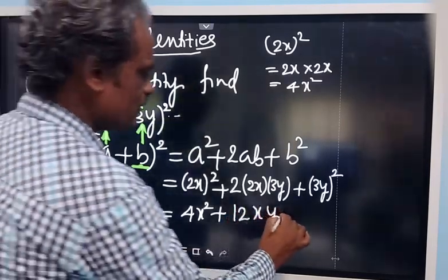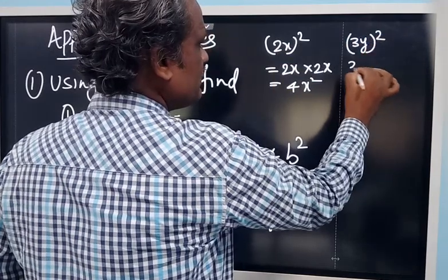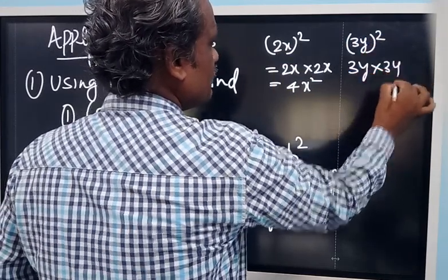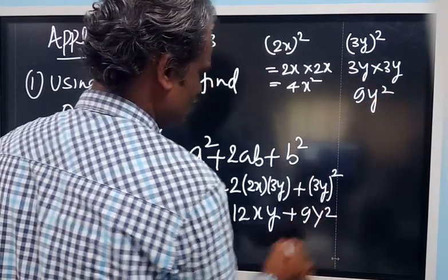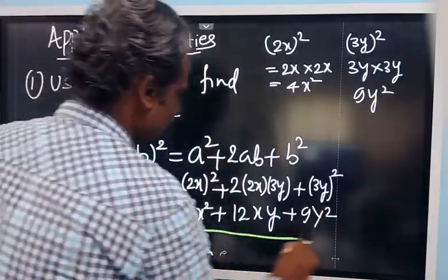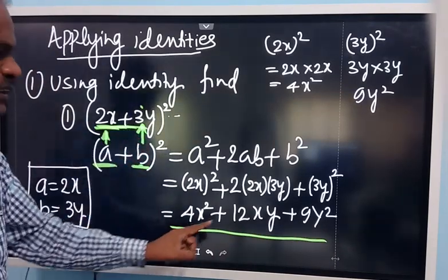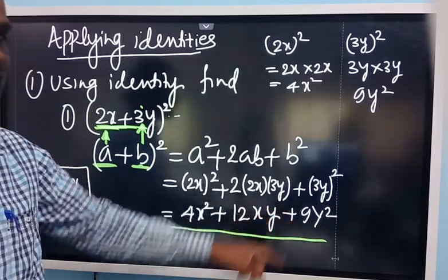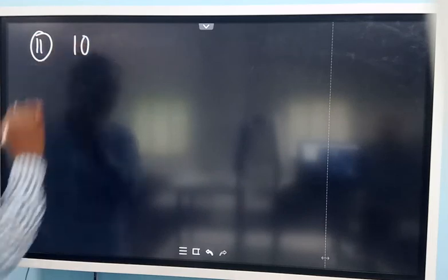Then third one, similar to this, (3y) whole squared. (3y) whole squared means 3y into 3y. So it is 9y squared. So this is the solution. So the expansion of (2x + 3y) whole squared can be written as 4x squared plus 12xy plus 9y squared. So using the same identity, you can solve this one.